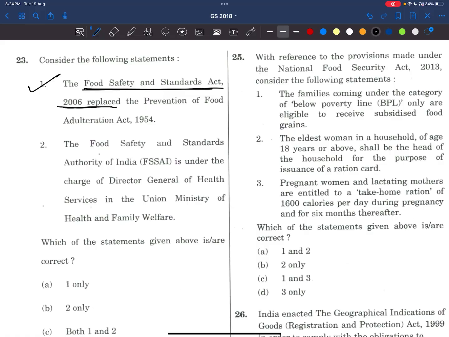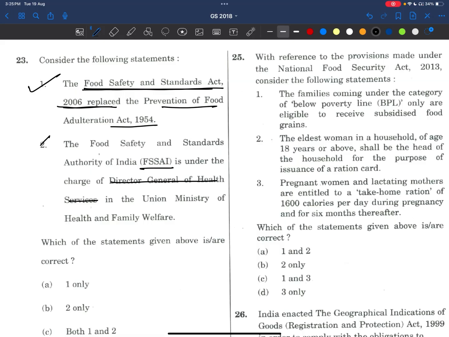Now let's go to the second statement. The Food Safety and Standards Authority of India (FSSAI) is under the charge of the Director General of Health Services. Friends, it was under the Director General of Health Services when the earlier act was present. Okay, after 2006, when the Food Safety and Standards Act came into picture, FSSAI has become an autonomous body. Okay, so now this statement is wrong.